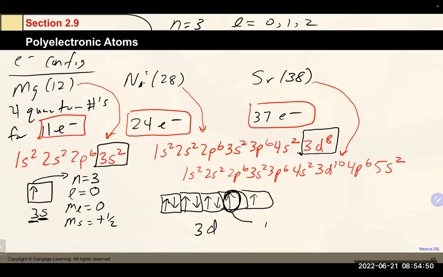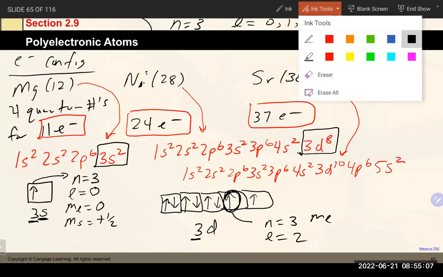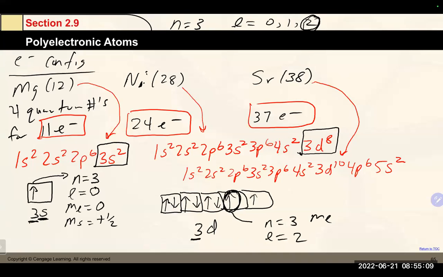That means that the n value here would be 3. In this case, the L value would actually be 2, as we are dealing with the d orbital here. Our m sub L could have values, again, of minus L to plus L, and it really does just kind of go in order.